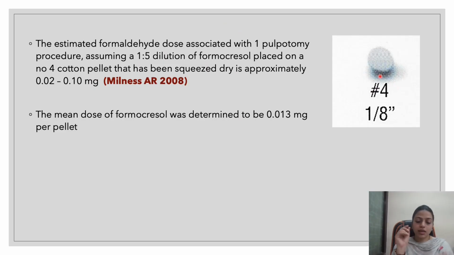Then it is squeezed dry. You have to take just one small drop of it and then squeeze it dry. So we get a concentration of 0.02 to 0.1 milligram. The mean dose which is usually used is 0.013 milligram per pellet, which is a very low dose. The number 4 cotton pellet is 1/8 inch in diameter.